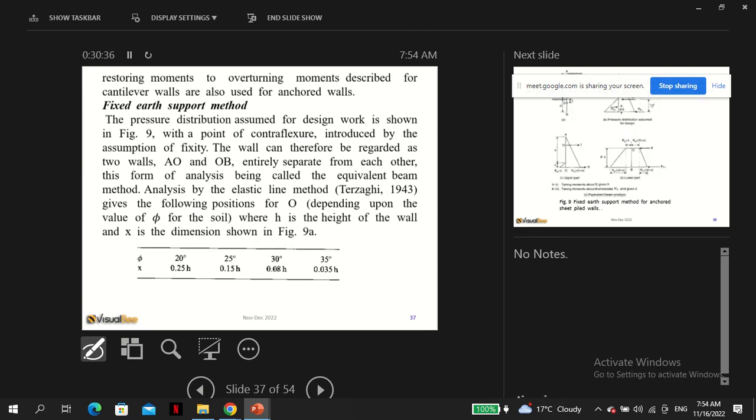So based on different values of phi, that value x is different. You can see that when phi is increasing, x is getting smaller and smaller.